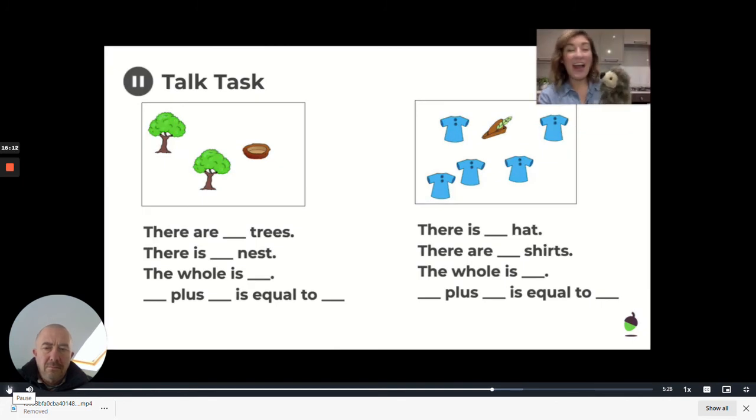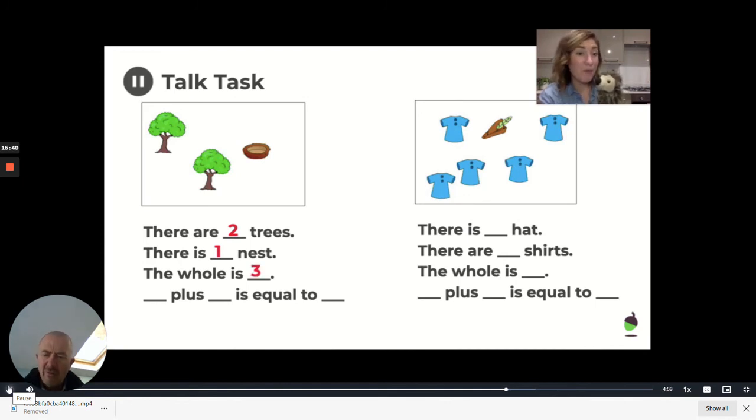All right, how did you find that, everyone? Let's go through some of it out loud together. We're going to start with the trees and the nest. Let's see if we can say it out loud together. There are 2 trees. There is one nest. Well done. So that means the whole is going to be 3.